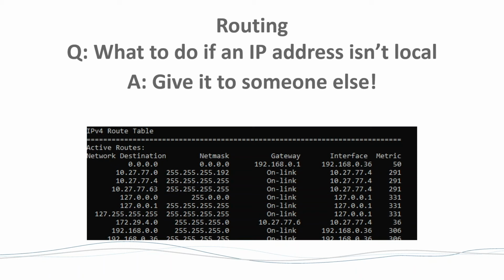But if I'm trying to get to something, I've got a packet that says 172.29.4.16, right? I'm going to go down here and say, ooh, look, there's a route, and that matches, right? Because see the mask? I know that it's all the 4s, because I know it's a 255. Any of these numbers on this are going to be okay. It's going to be in that network. And then it says, okay, here's the next hop.